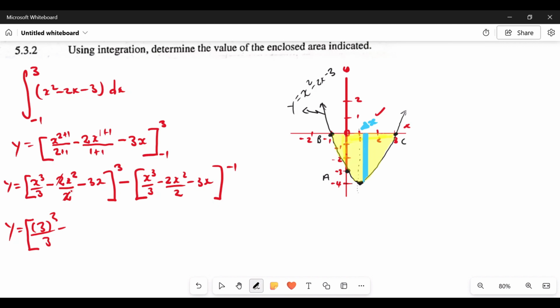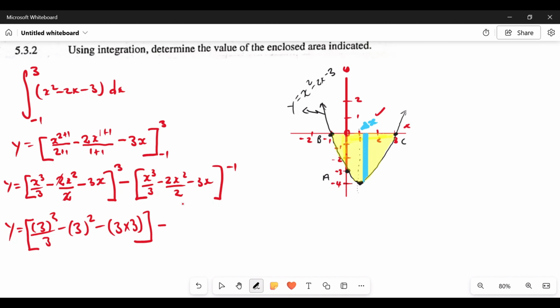You're going to be left with x squared. Then wherever there is x, we substitute with 3. And then let's not forget the power there, which is going to be 2. Right. And then we go to this term here. We have 3 multiplied by x, but instead of x, we multiply with 3. And that's going to be our first bracket for the upper limit.